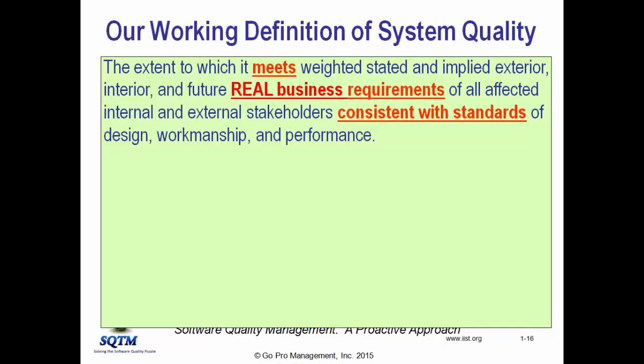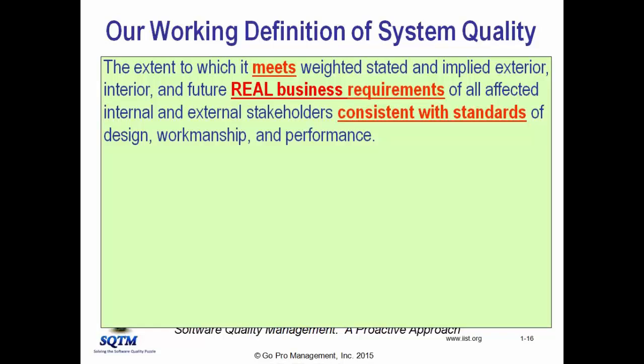And I use as a shorthand version of that, the quality means that it meets real business requirements consistent with standards. Real business requirements are from the perspective of the business, the user, the stakeholder. They are business deliverable whats that, when delivered, provide value.